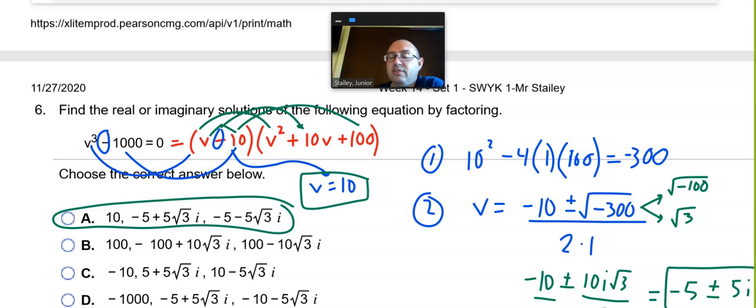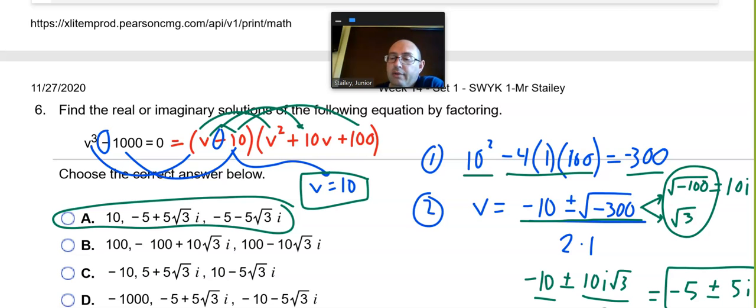Okay, that part gets set equal to 0 also, and you do the whole quadratic formula thing, right? B squared minus 4AC gives you negative 300, which can be broken apart into the square root of negative 100 and radical 3. Okay, we have the opposite of B, plus or minus the square root of negative 300, which is really 10i. Remember that thing right there is the 10i.